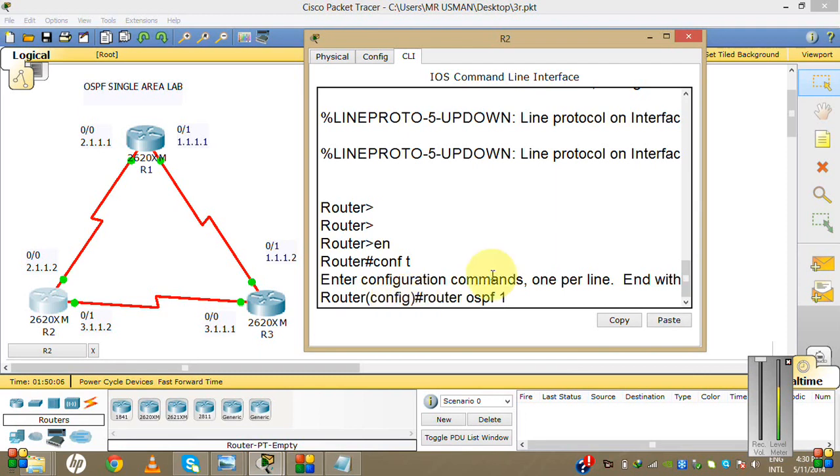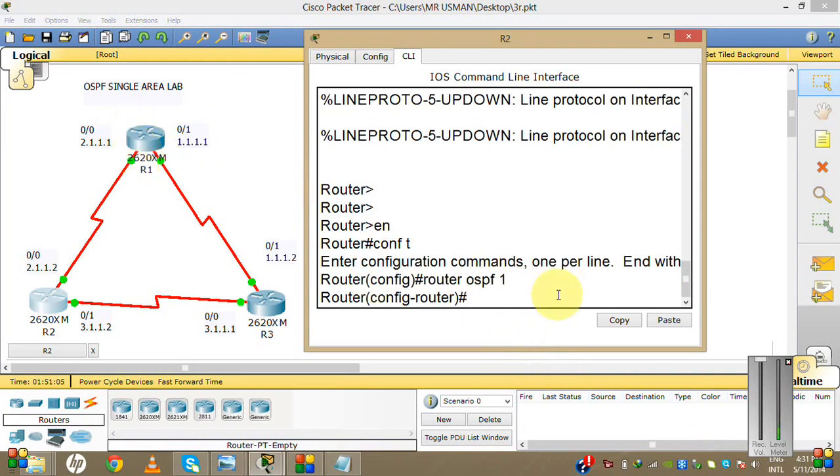I have to put the process ID number, as I did in my previous step. The process ID number is the same as I configured in my first router. Router ospf 1. Now advertise the directly connected routes. Its directly connected routes are 2.0.0.0 and 3.0.0.0.